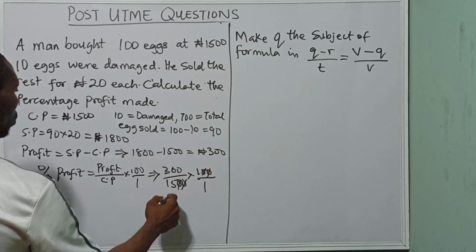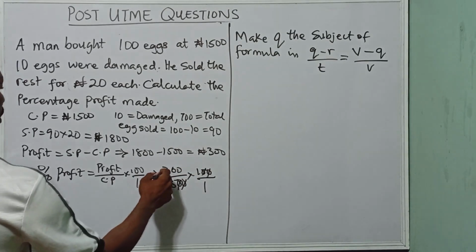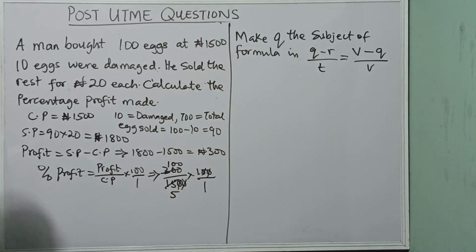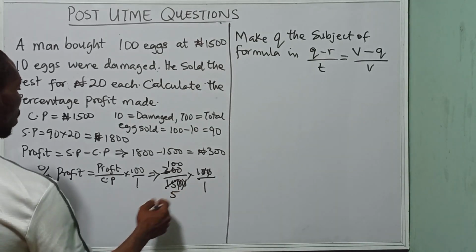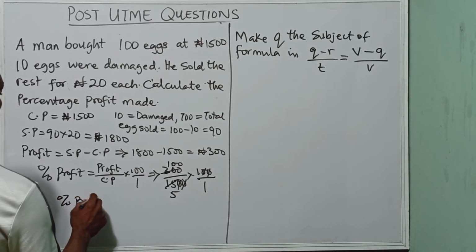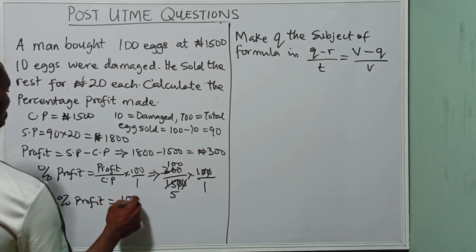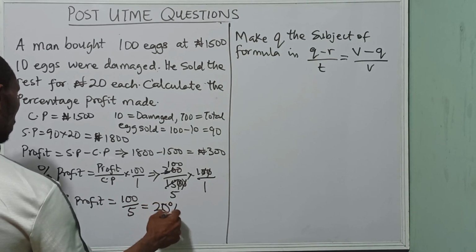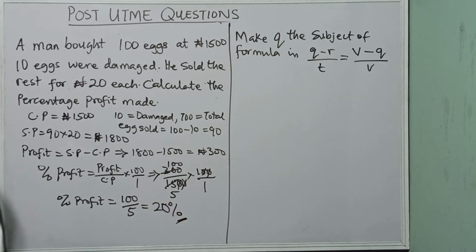Zeros cancel out. 3 here, 100, 3 here, 5. So we have our percentage profit to be 100 divided by 5, which gives us 20%. So you made 20% profit on selling these eggs.